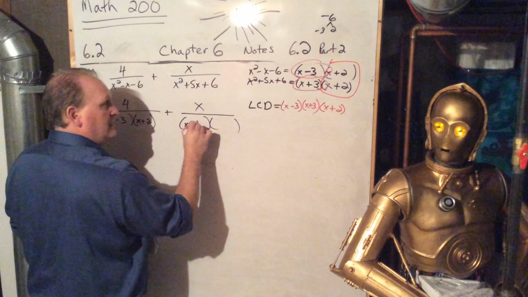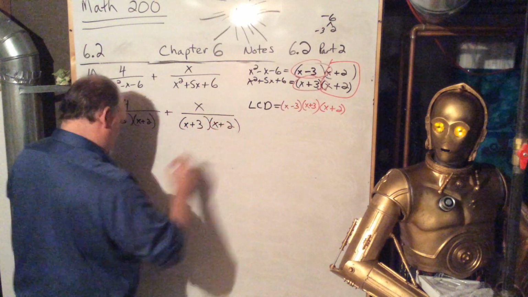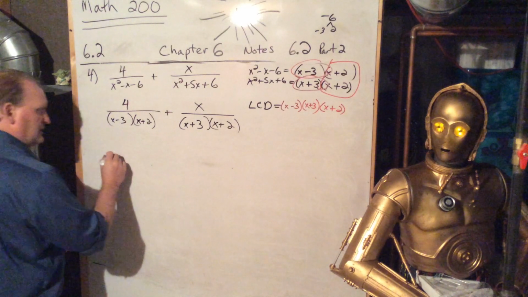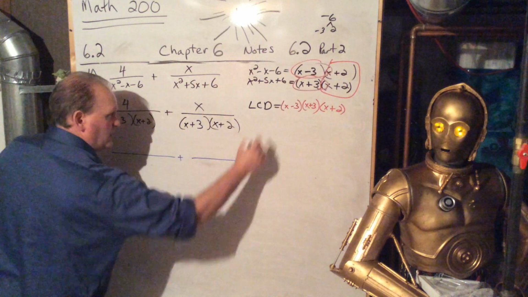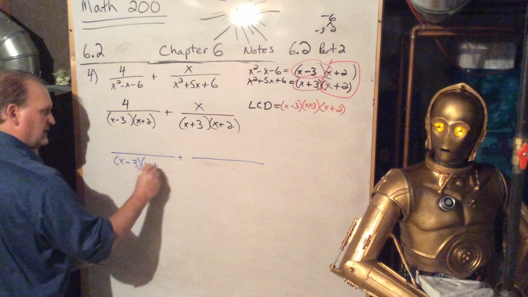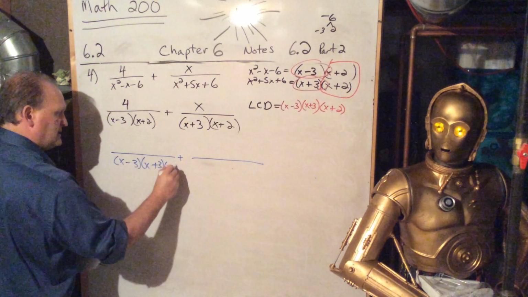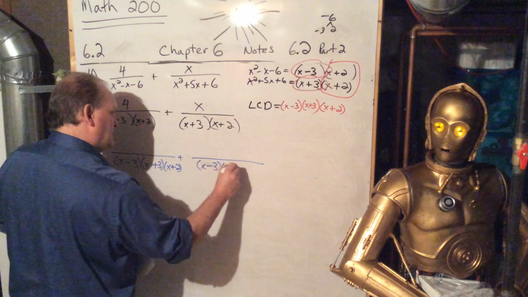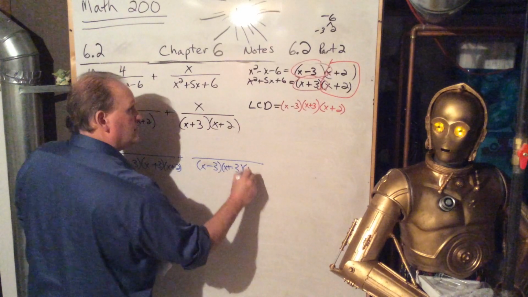And then we get to play Sesame Street. One of these things is not like the other. So look. We want this x minus 3, x plus 3, x plus 2 on the bottom, each one of these.